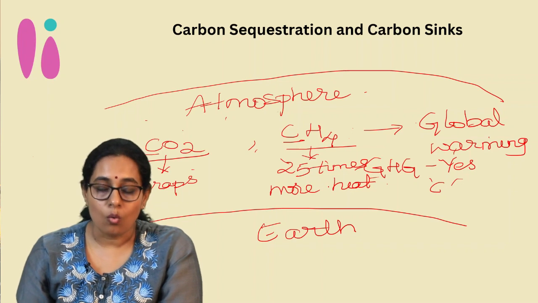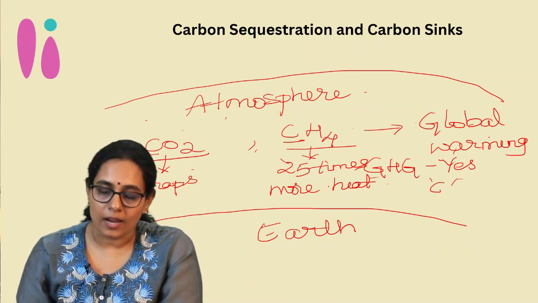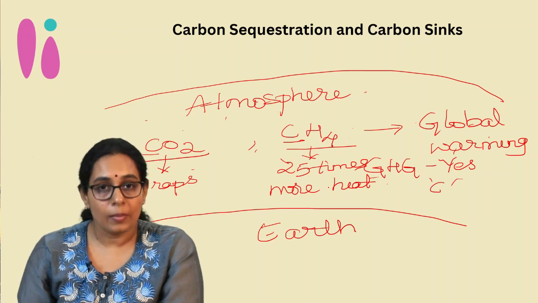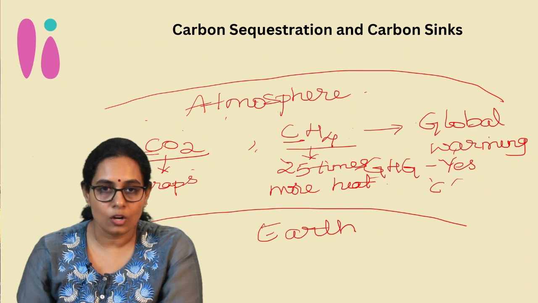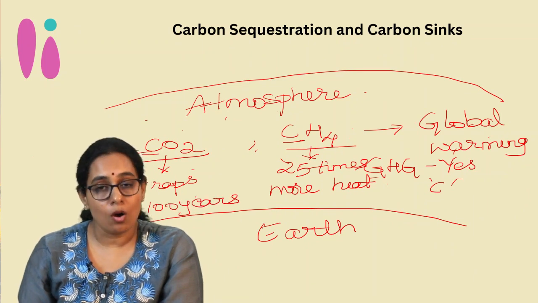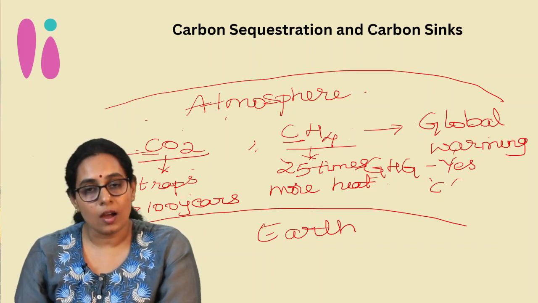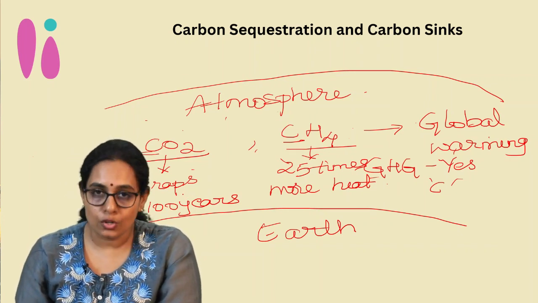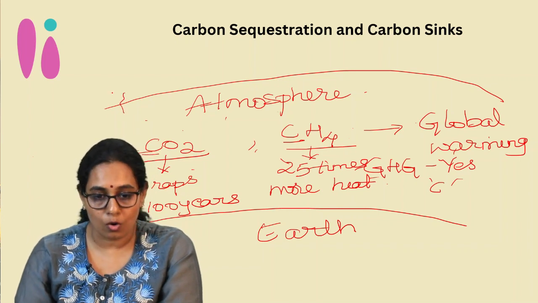Then until now, why did we prioritize reducing carbon dioxide and not methane? Because the half-life of carbon dioxide is somewhere close to 100 years. That means the amount of carbon dioxide present today in the atmosphere takes around 100 years to reduce by half and escape from the atmosphere.